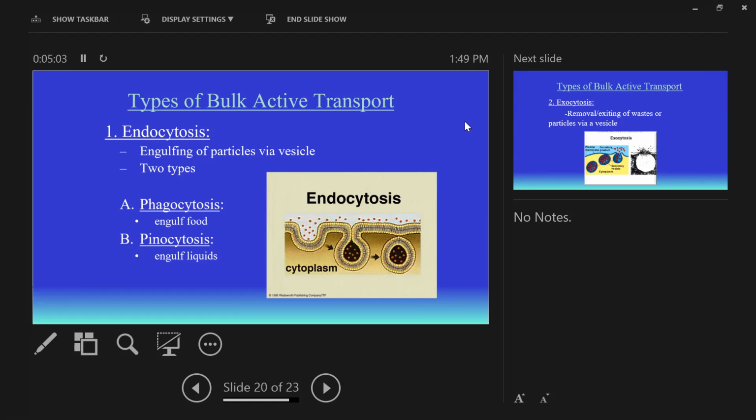And we have two types of this. One is for food and one is for liquids. Phagocytosis is for food. Phago, food, they start with the same sound. It might help you remember. And then pinocytosis, it engulfs liquids. So phagocytosis and pinocytosis are types of endocytosis, and endocytosis is our first type of bulk active transport.